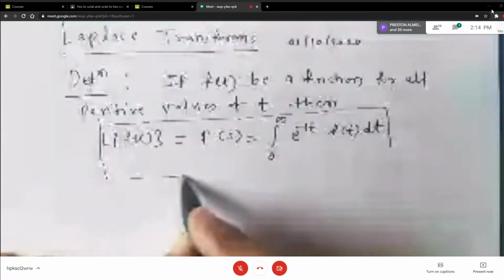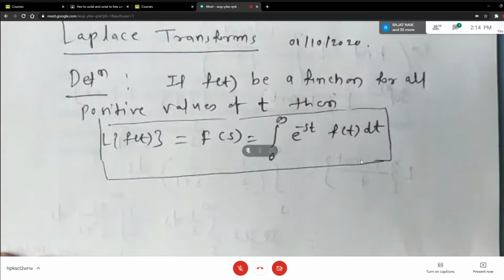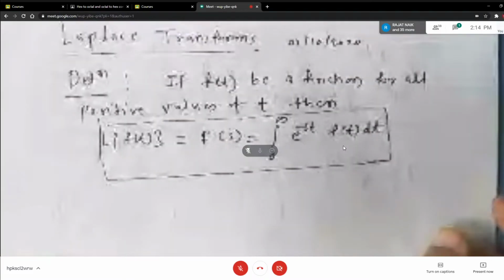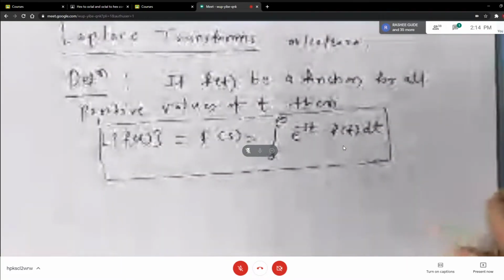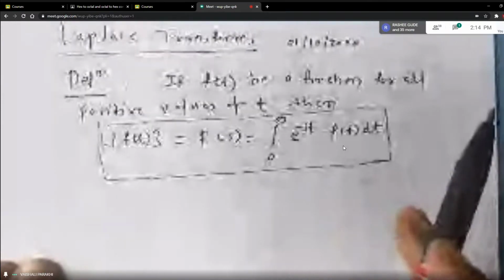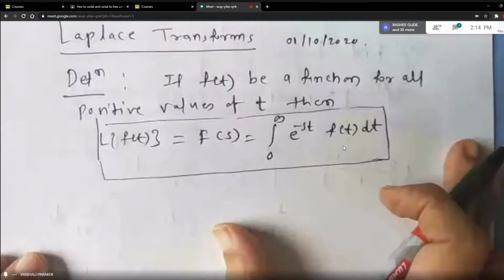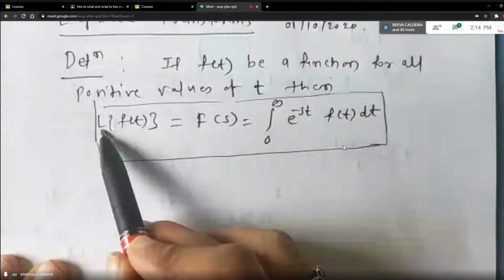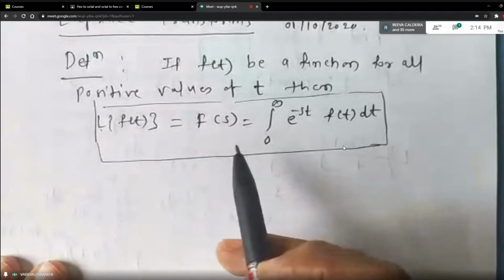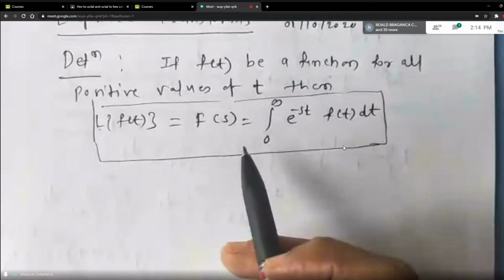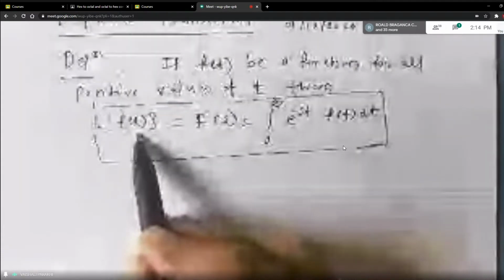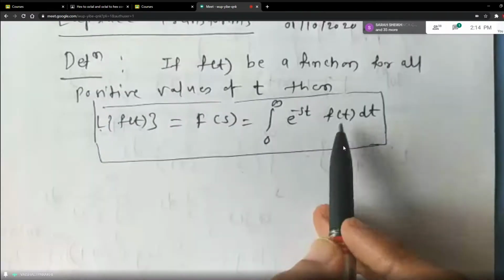So see students, this is the formula for Laplace transform and it is the base of this unit. You have to learn this formula by heart. L stands for Laplace transform. Then f of t is the function for which you are going to find the Laplace transform.